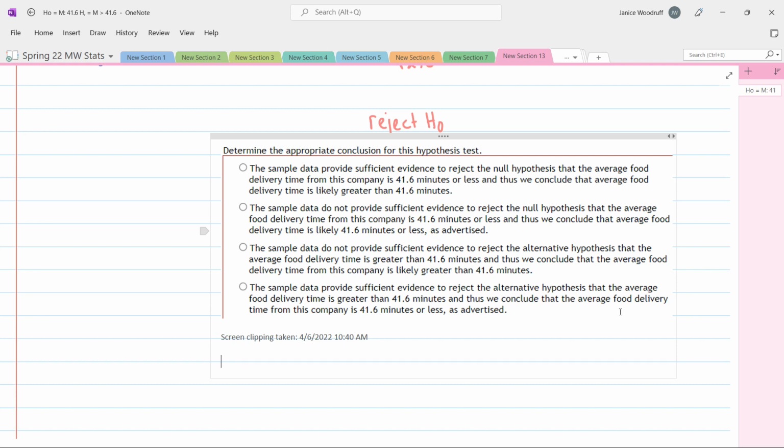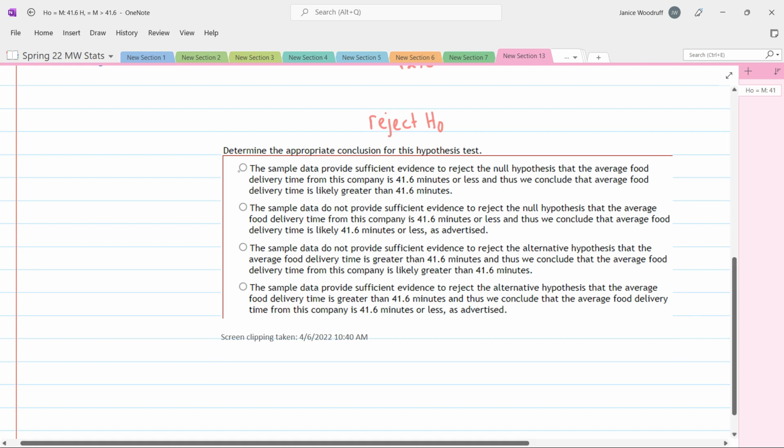The sample data provides sufficient evidence to reject the null. Okay, so this one might work. Sample data do not provide significant evidence to reject the null, so that's not going to work. Do not to reject the alternative. We don't ever reject an alternative. Okay, we're not doing it based on the alternative. Same thing here.